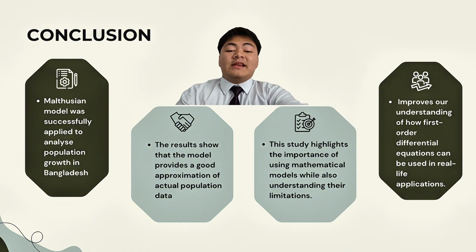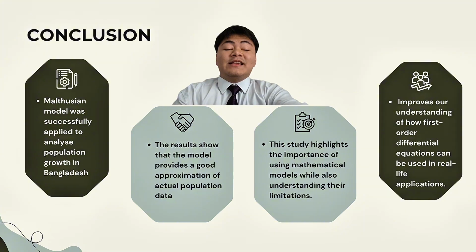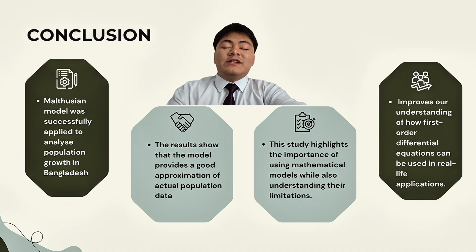This study highlights the importance of using mathematical models while also understanding their limitations. Overall, this project improves our understanding of how the first order differential equation can be used in real-life applications.